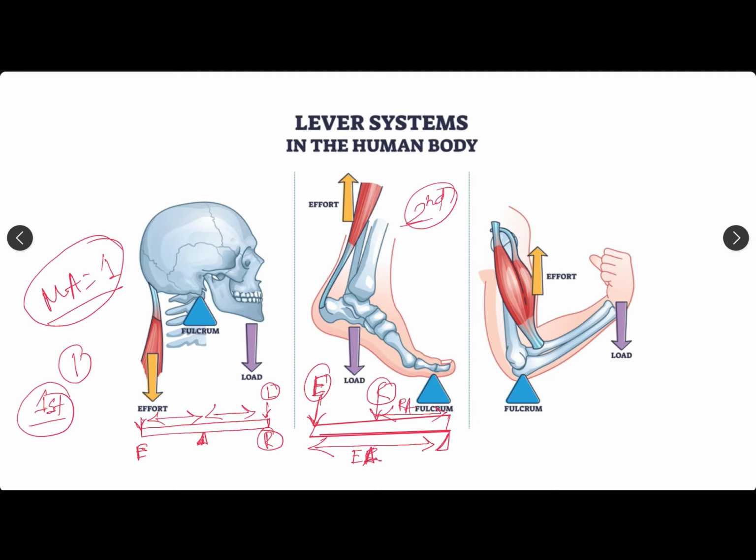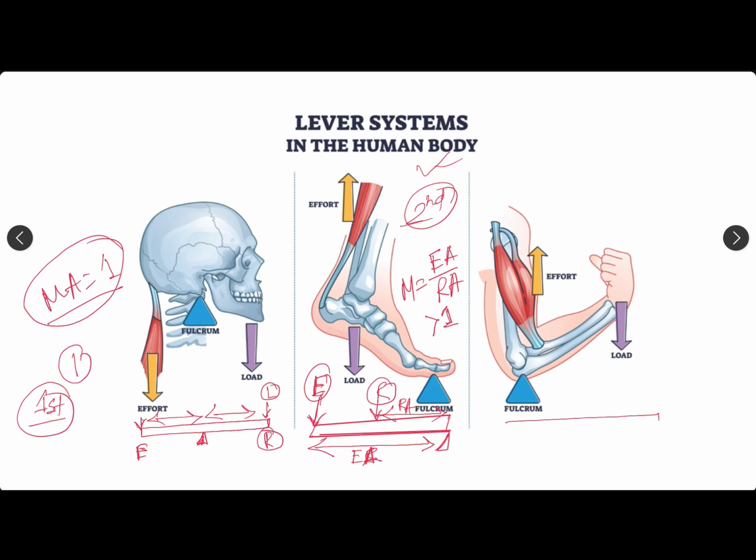So the mechanical advantage is greater than 1. So the mechanical advantage is the highest in the second order lever.